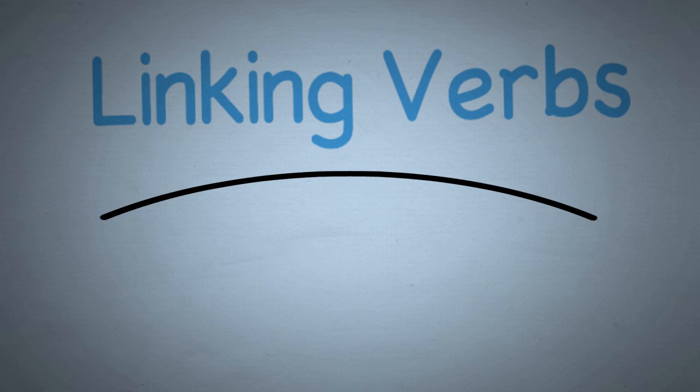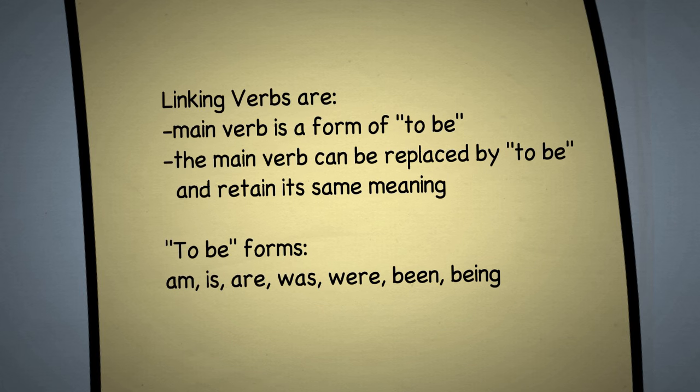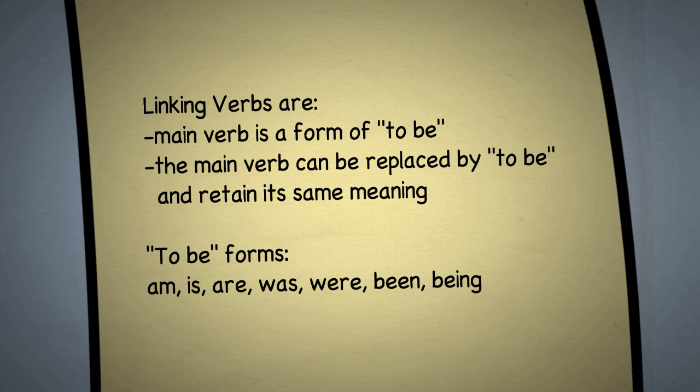Linking verbs are distinct from action verbs because they do not have an inherent action as part of the verb. Instead, linking verbs are state of being verbs, and often they are the to be verb or one of its forms. Recall that the to be verb forms are am, is, are, was, were, been, and being.